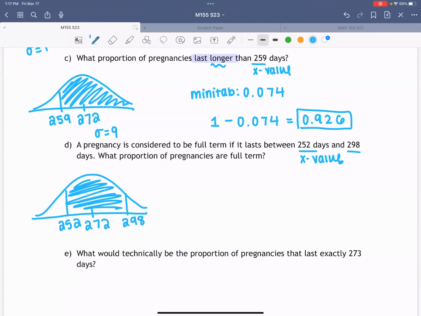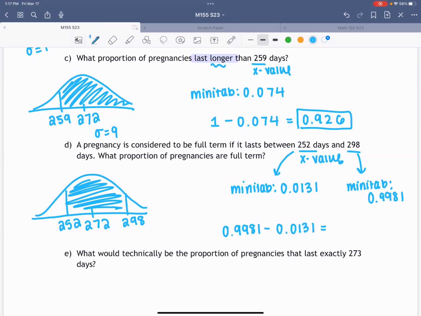Whenever we do in between probabilities, we go on Minitab and we type in everything for 252, and you should have gotten something like 0.0131. You would do the same thing for 298 and get 0.9981. And then what do you do with those two probabilities? Subtract them, right? So to get our final answer, we do 0.9981 minus 0.0131, and we get 0.985. And that's it.